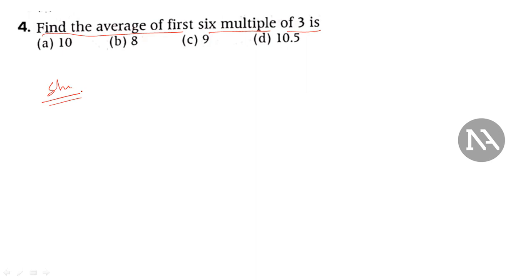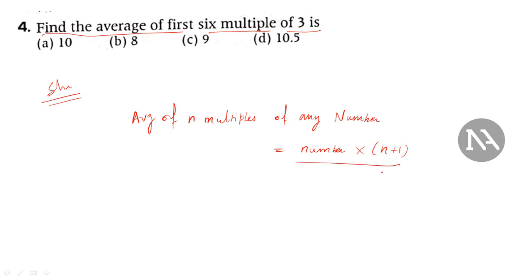The formula is average of n multiples of any number is equal to number into n plus 1 divided by 2. Here n multiples, that is n value is 6.